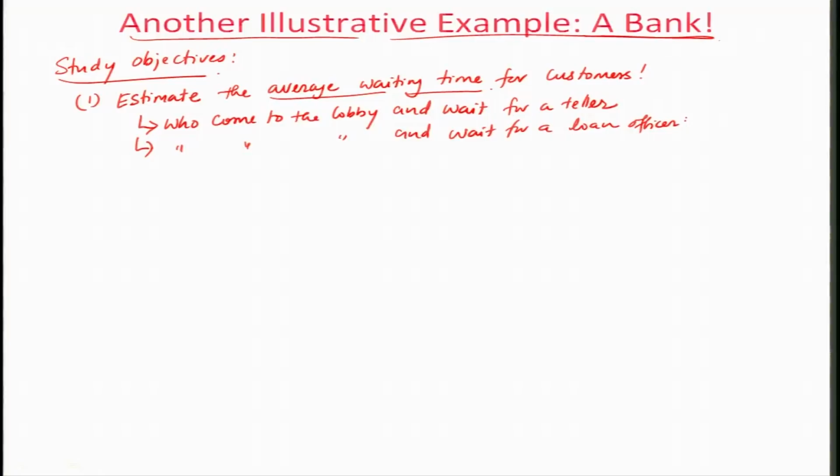So, you have two types of customers, some of them will come to the lobby and wait for a teller, some of them will come and wait for a loan officer. Then in both cases, what is the average waiting time for each type of customer.